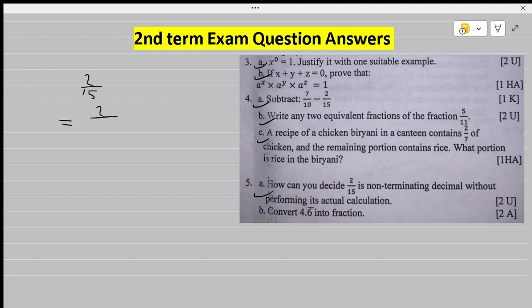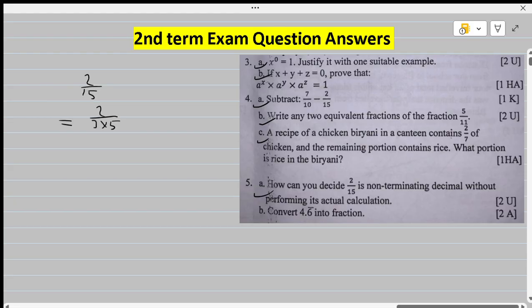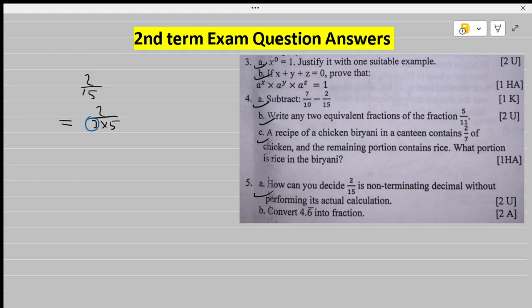This denominator 15, if you break it, you get 3 into 5, and the denominator consists of 3. The thing is, if the denominator of a fraction is either 2 or 5 or a product of 2 and 5, or a product of powers of 2 and 5, then such a fraction will be a terminating decimal.